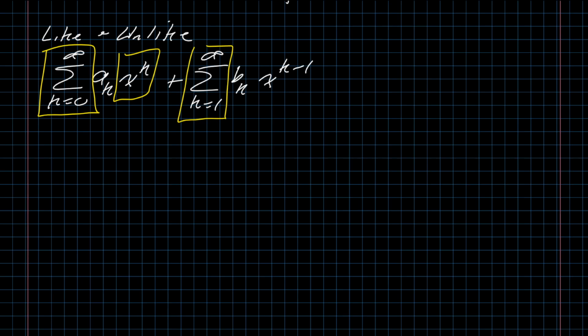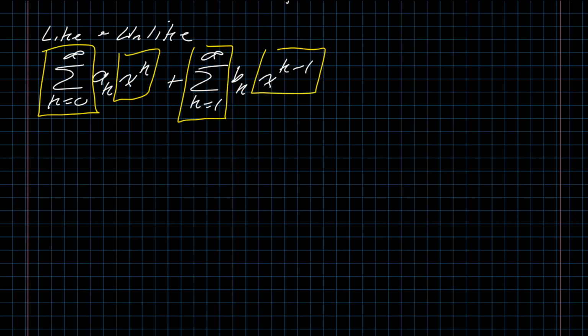That means that these sums are not like. The other thing that you want to look at is the variable. The sum on the left, we have x to the k power. The sum on the right, we have x to the k minus 1 power. Again, these are not like.